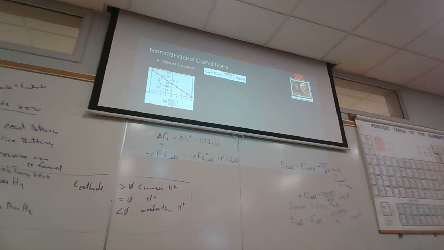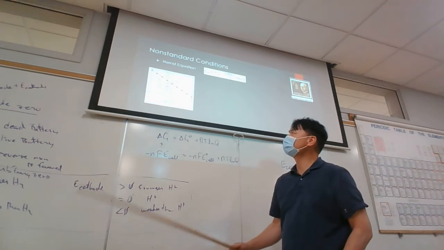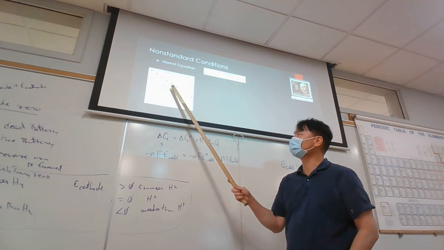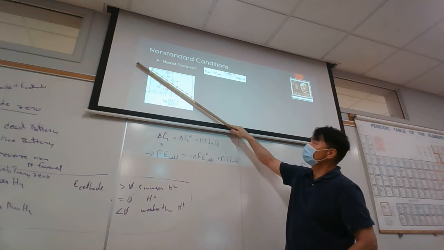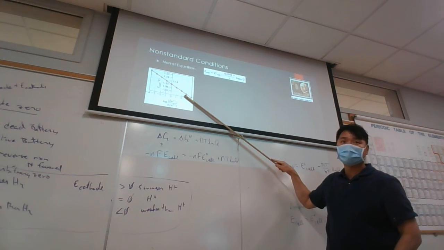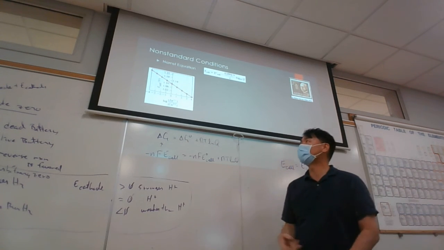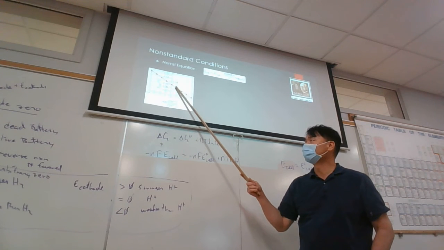And what happens here is this. As the reaction progresses, the reactant concentration goes down, the product concentration goes up, so the voltage goes down. And so what the Nernst equation predicts is the voltage is going to go down as the reaction progresses. So when you have a new battery, it starts off here. And as you start using that battery, it just starts declining.